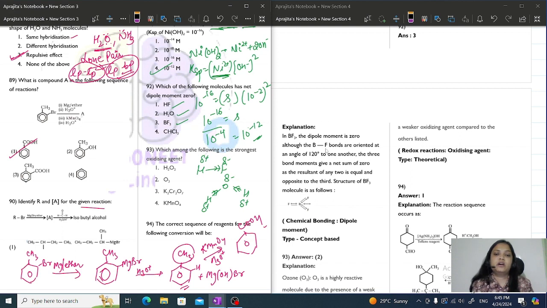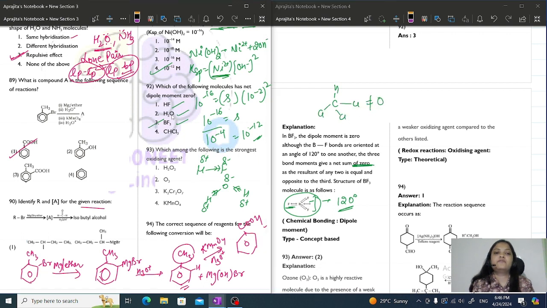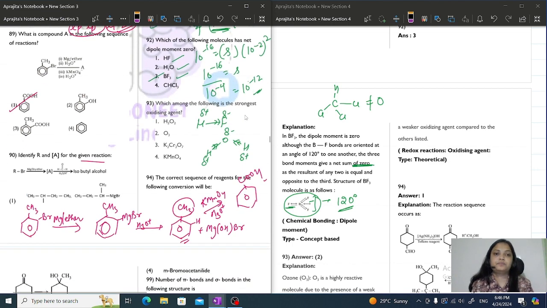In BF3, we all know that it is a trigonal planar molecule having 120-degree bond angles. So all three bond moments give a net sum of 0, because the resultant of any two is equal and opposite to the third one. So in BF3 it's 0, and in CHCl3 again it's not 0. So in the BF3 molecule, boron trifluoride, it is equal to 0.